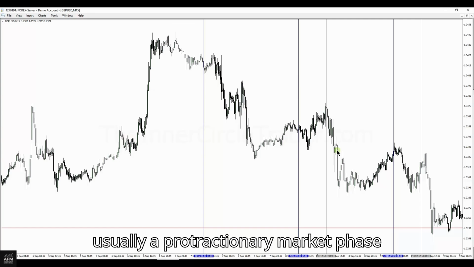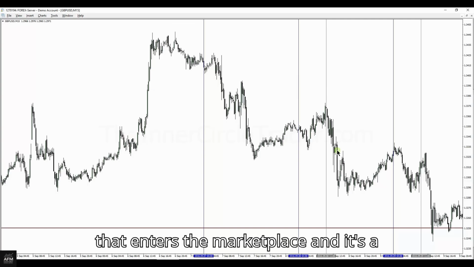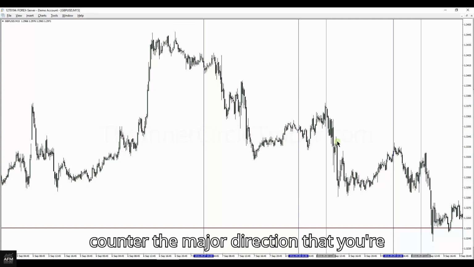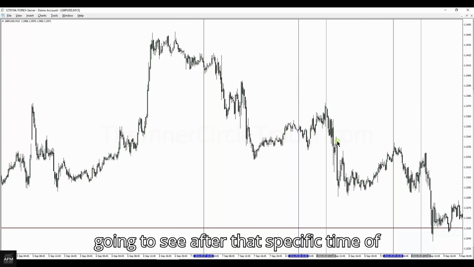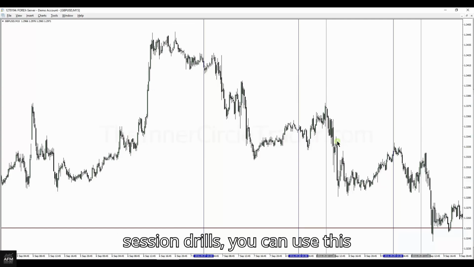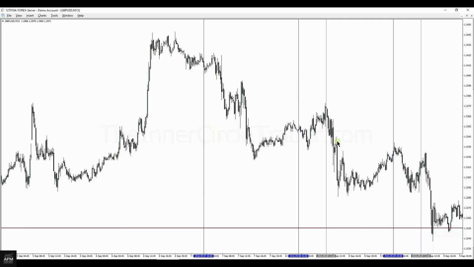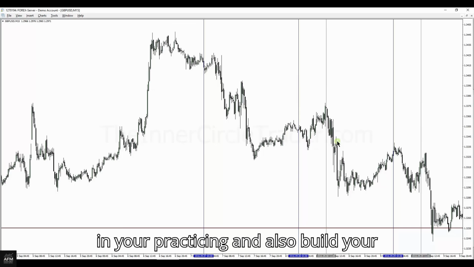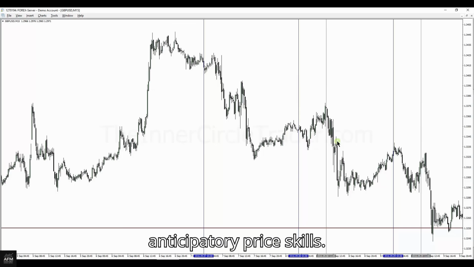There's usually a protractionary market phase that enters the marketplace, and it's a small little impulse price swing that's counter to the major direction that you're going to see after that specific time of day. So for session trading and for session drills, you can use this concept to help give you context in your practicing and also build your anticipatory price skills.